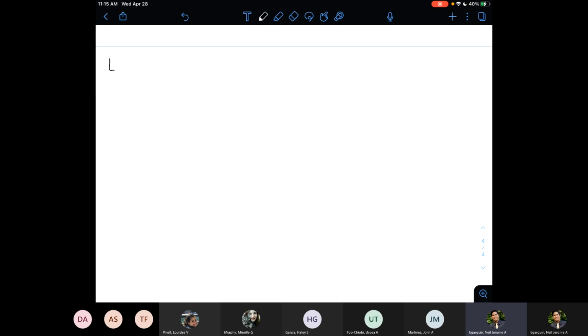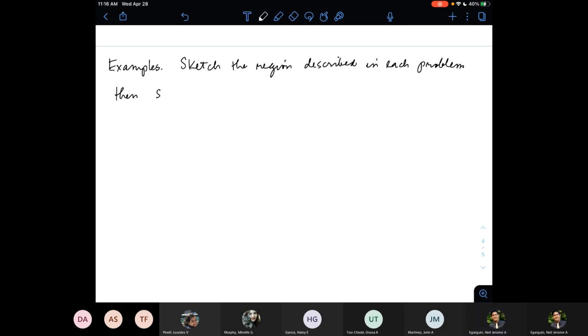All right, so let's consider some examples. So here what we do is we'll sketch the region described in each problem. Then set up the integral that will give their area, right?